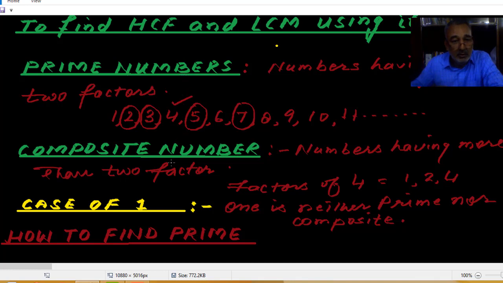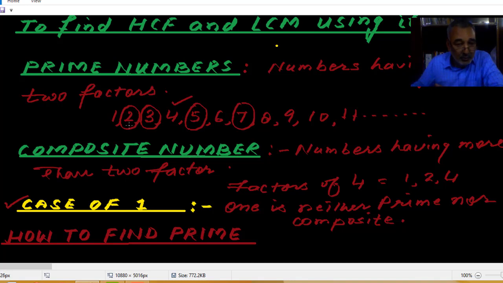If we are aware of what prime numbers and composite numbers are, and especially the case of 1, you can solve them easily. Otherwise, if you make a mistake here, you cannot solve them. Remember, 1 is not included in the set of prime numbers. 1 is not included in the set of composite numbers.